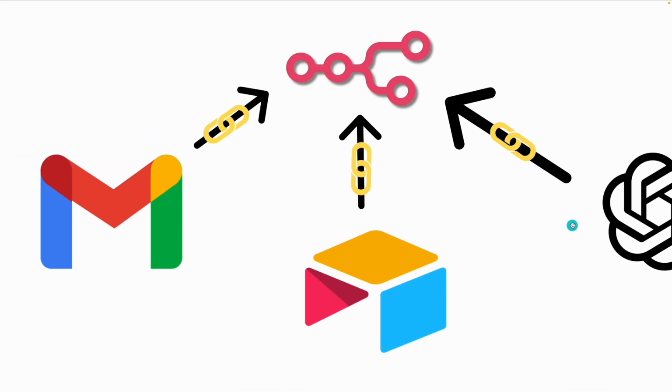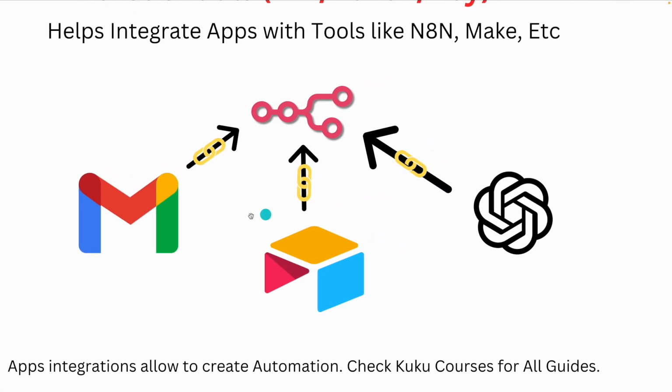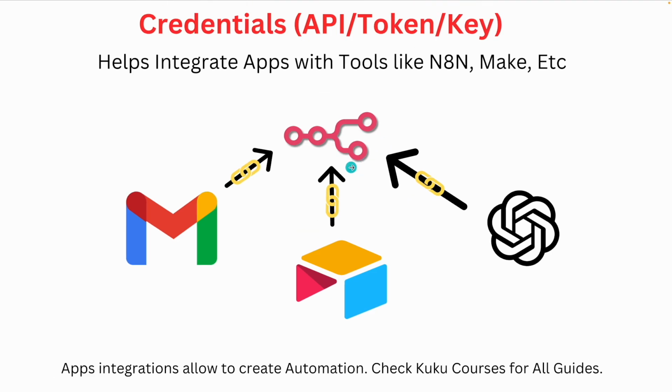In this automation, you can see two applications are integrating with each other. That means they are working with each other. Whatever apps you want to use, all you need to do is connect those apps with N8N, and then you can easily use all those applications.